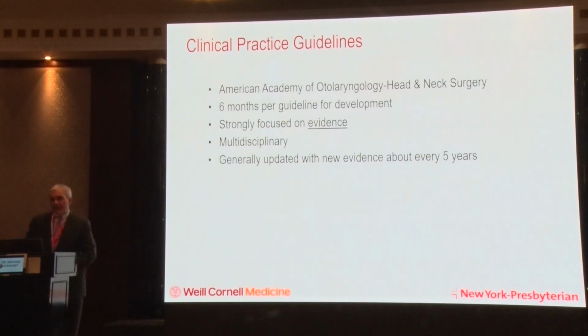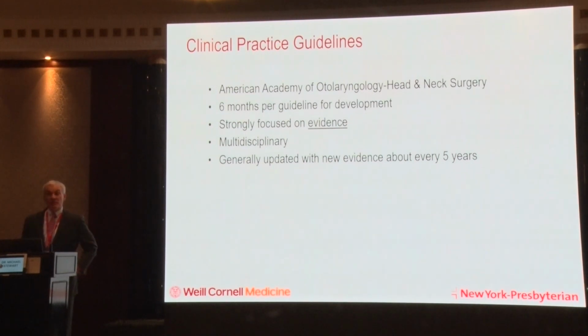So I'll be talking about a clinical practice guideline that comes from the American Academy of Otolaryngology Head and Neck Surgery. The American Academy spends about 6 months developing each guideline. They're very iterative, they're very expensive, they're very formalized, they have experts in methodology that help create them, and they're strongly focused on what the evidence tells us for best possible treatment.